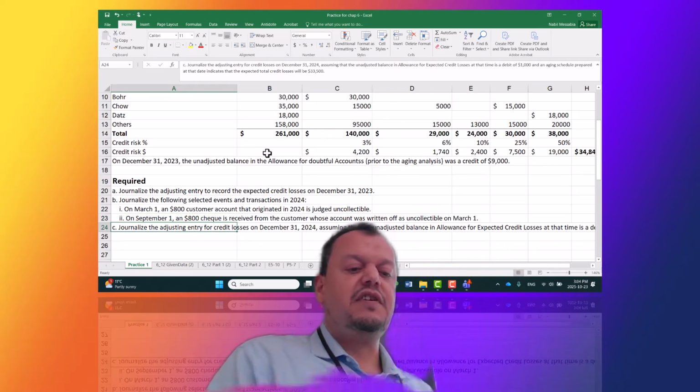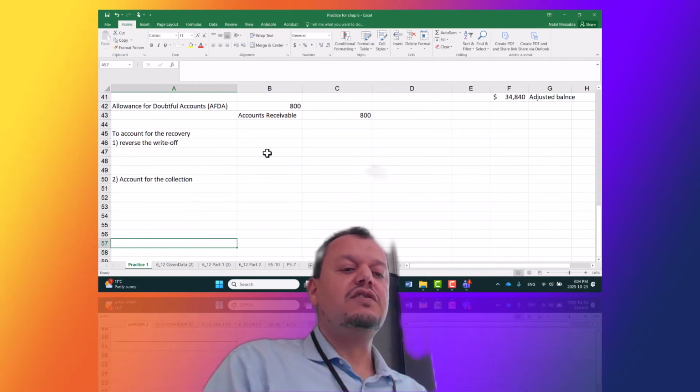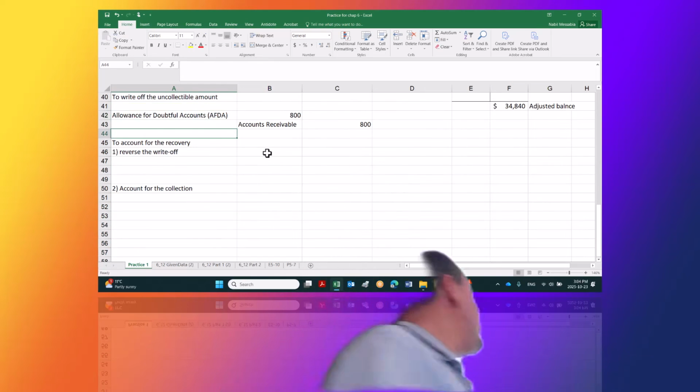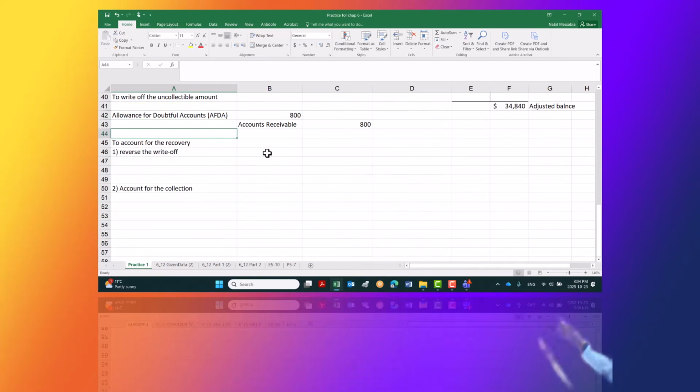Two steps. First step, reverse the write-off. The write-off we did on March 1st, the first step is we reverse it. When we reverse it, we recreate the receivable that was deleted, and then we recreate the allowance.